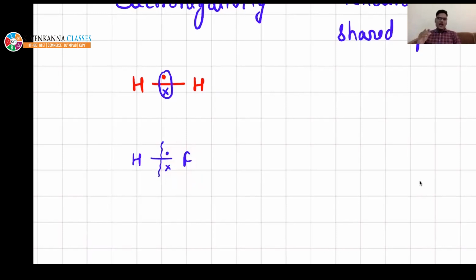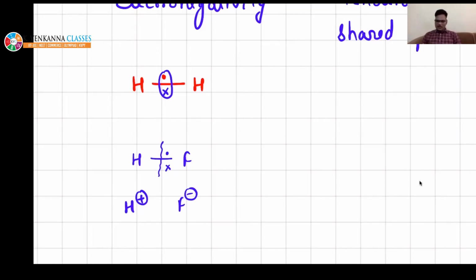So we take a hypothetical case. We consider that hydrogen had given its electron. That is why it is close to fluorine. So as hydrogen had given its electron in a hypothetical situation, we will take +1 on the hydrogen and -1 on the fluorine, because fluorine has got one extra electron and hydrogen has given its electron hypothetically, right?